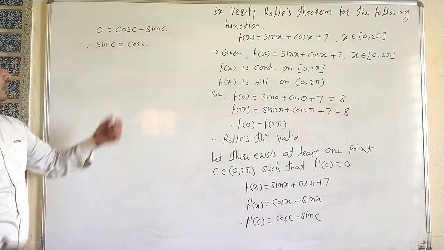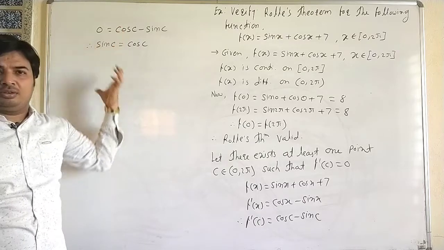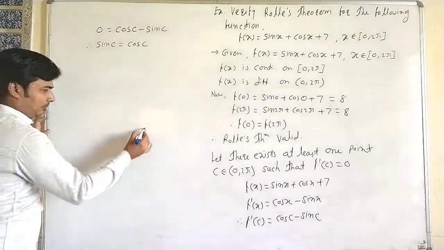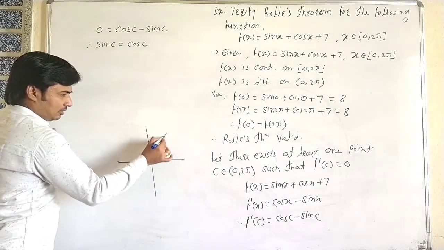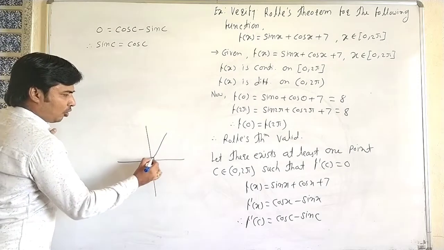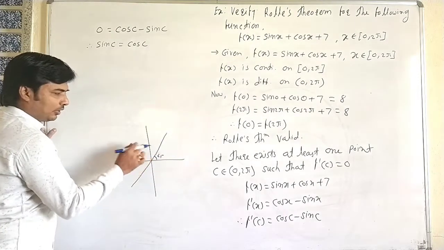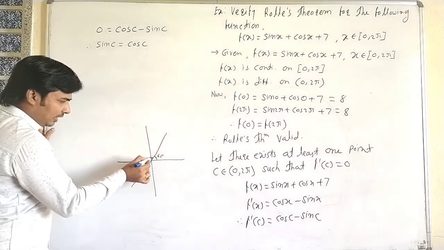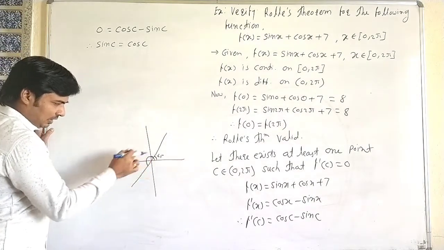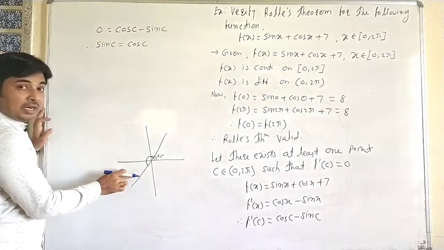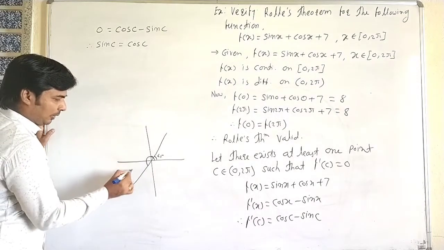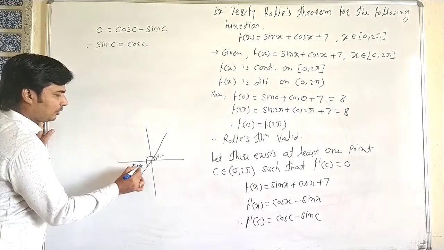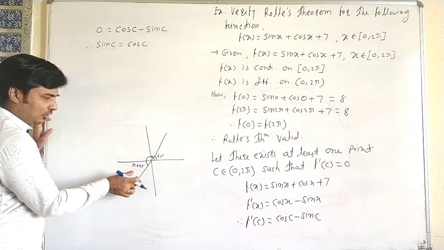Again here the values of c are infinite. Here cos 45 and sin 45 are equal. Therefore c is equal to 45. Again here cos 225, that is pi plus 45, sin and cos are the same.